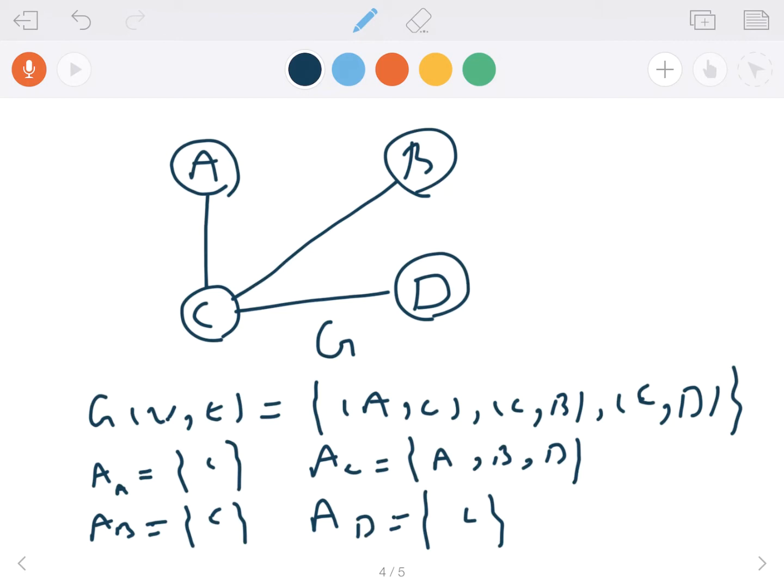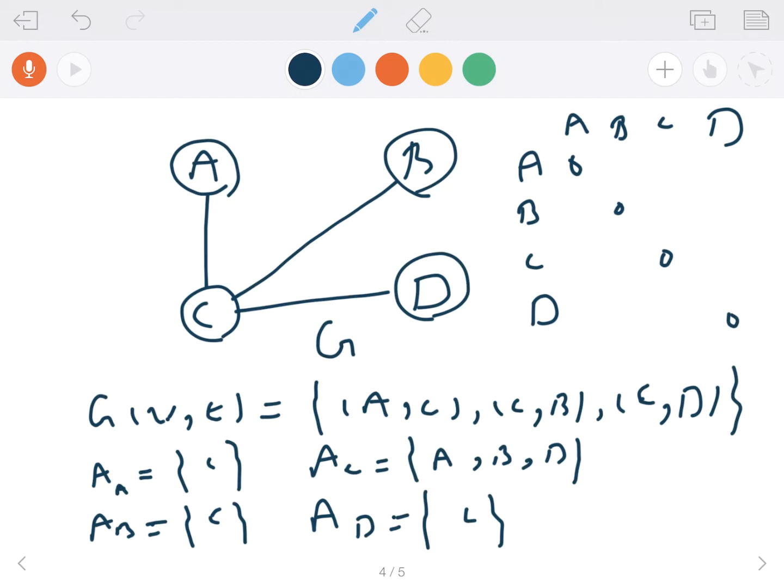And the other one is using an adjacency matrix. So we can draw all the things that we have here. We have A, B, C, and D here, also A, B, C, and D here. In this graph, there are no edges from each node to itself, so we are going to put here 0, 0, 0, and 0.